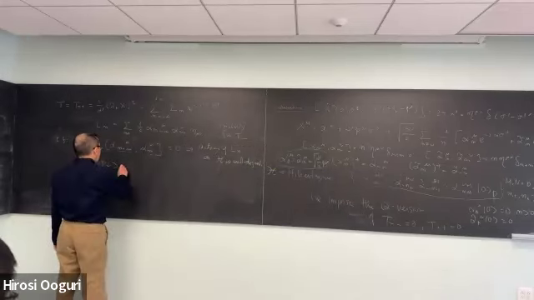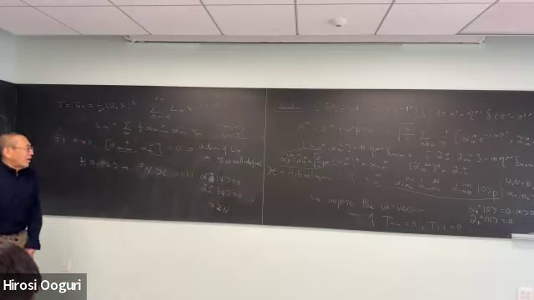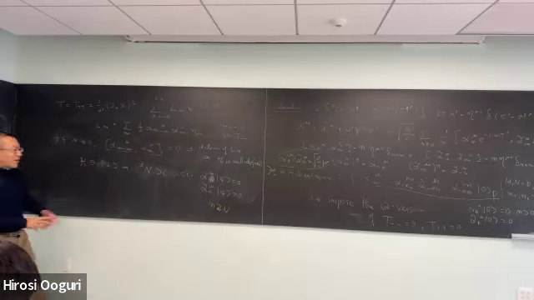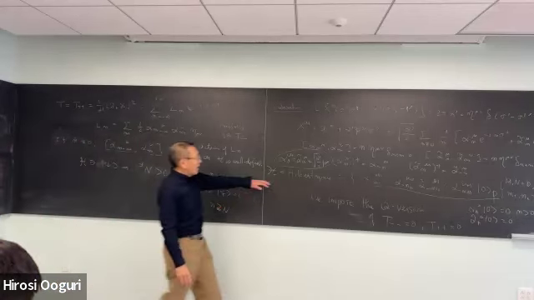So maybe I'm in the math department, so I should say it more mathematically. There is some N which is positive, such that alpha_n^mu psi is equal to 0 and alpha_n tilde^mu psi is equal to 0 for n greater than or equal to N.